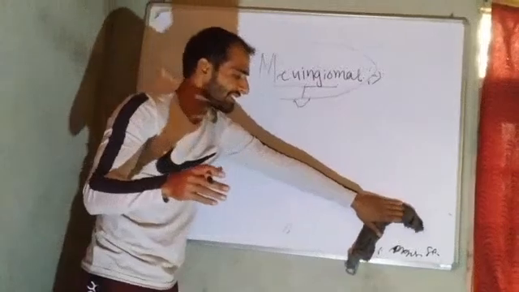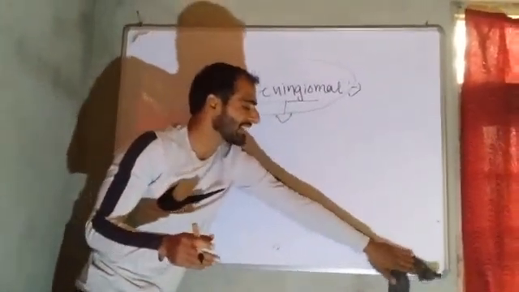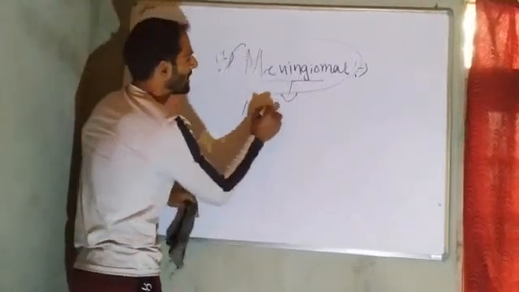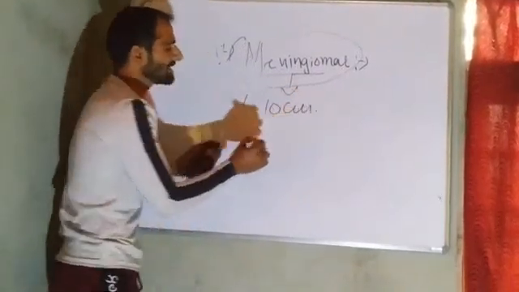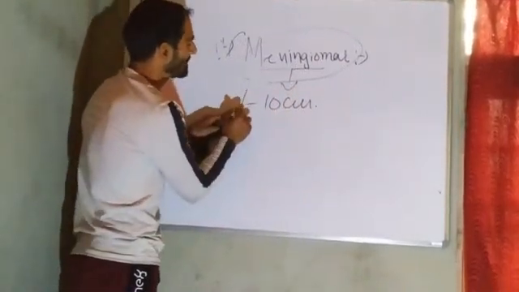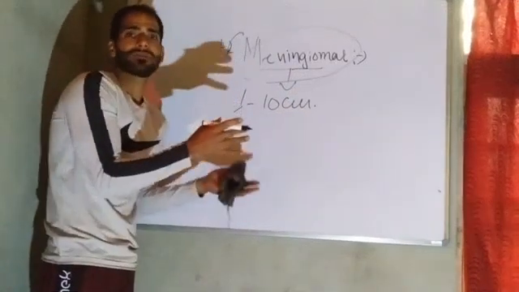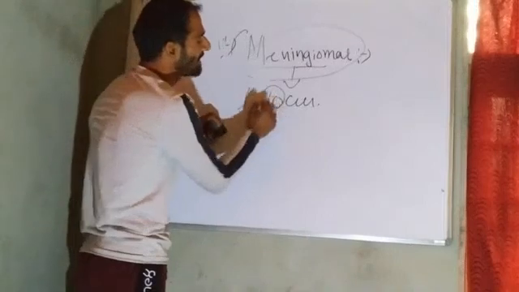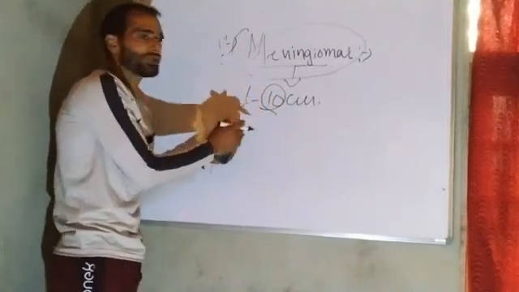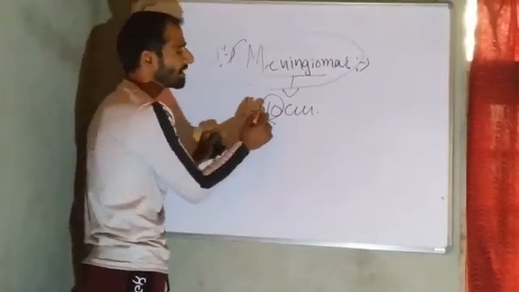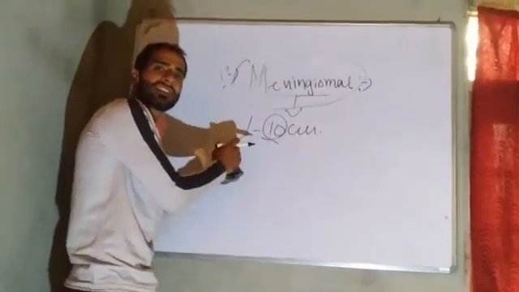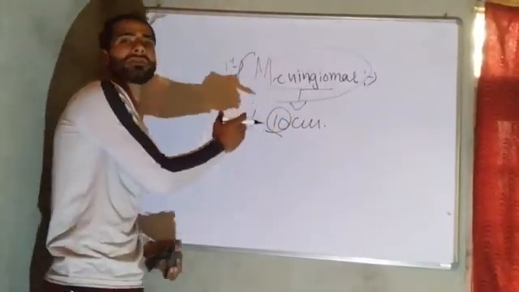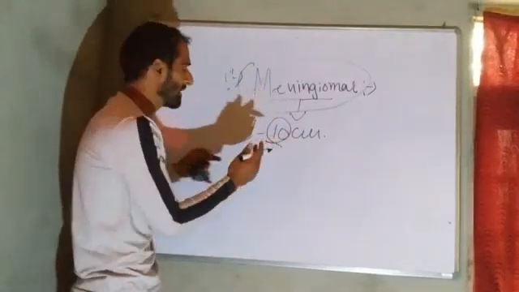It varies in size from 1 to 10 centimeters, which we will discuss in morphology. When it is about 1 centimeter, the symptoms may not be as prominent as at 10 centimeters. A tumor will not grow all of a sudden from 1 to 10 centimeters; it will take some time, so the symptoms will also take some time to develop.